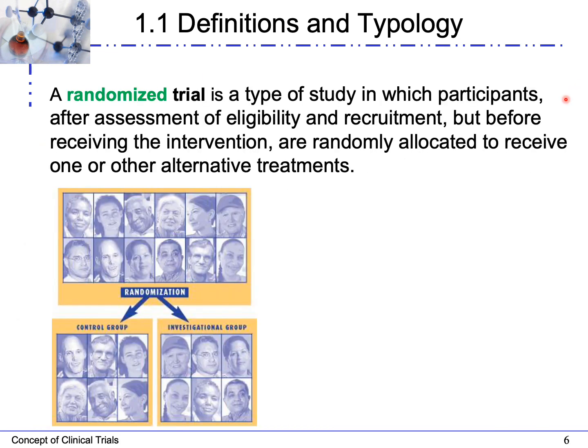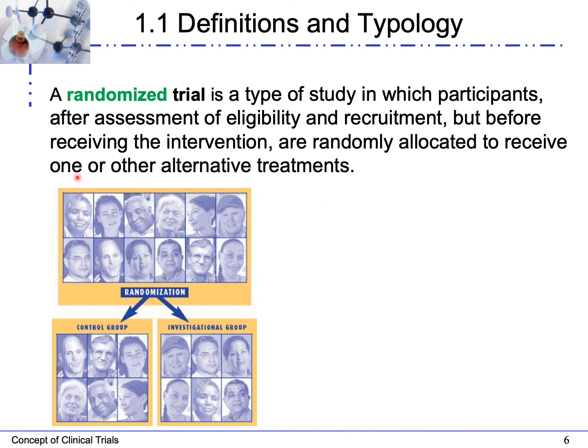A randomized trial is a type of study in which participants, after assessment of eligibility and recruitment, but before receiving the intervention, are randomly allocated to receive one or the other alternative treatments.